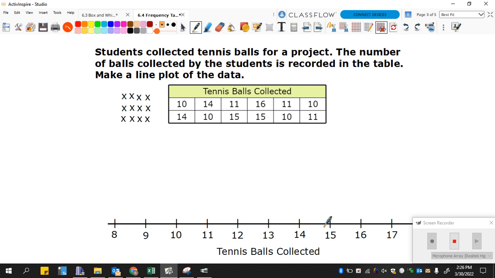Okay. Next one says that students collect tennis balls for a project. The number of balls collected by the students is recorded in the table, and make a line plot of the data. So I've already got the little X's up here. So we're going to put an X above the 10.